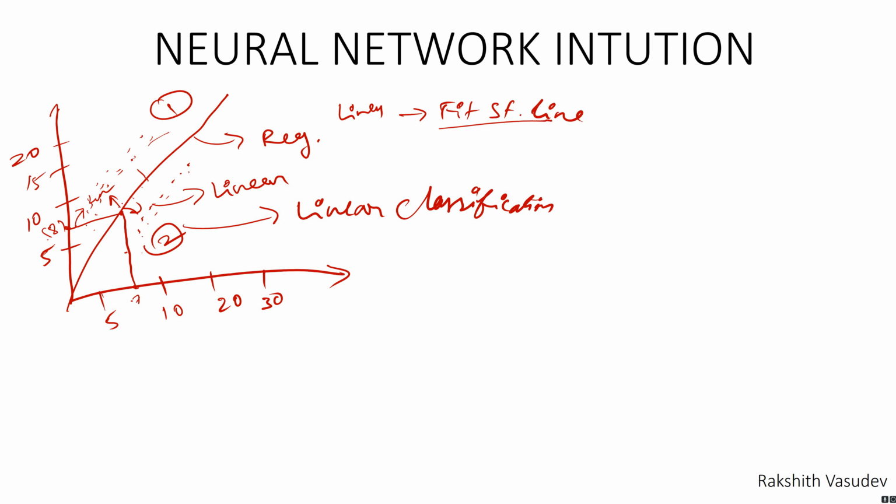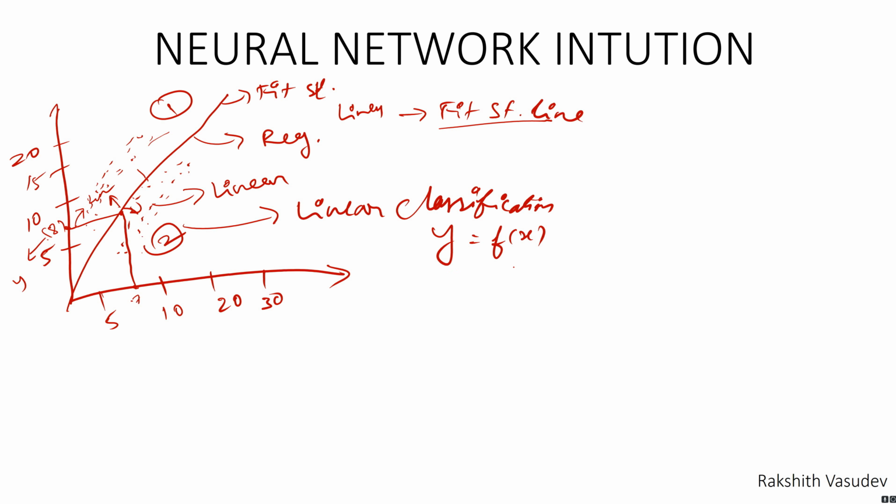And how do I get to know? I fit a straight line. How did I fit a straight line? Based on all these underlying points, I realize this is the best straight line I could fit, and based on the straight line I've fitted, I get the value for y.